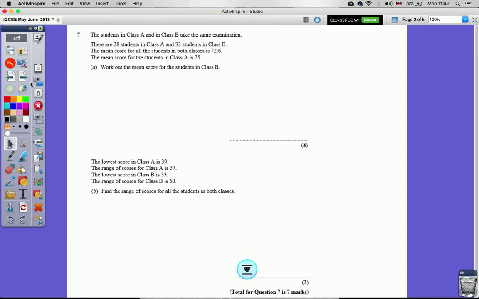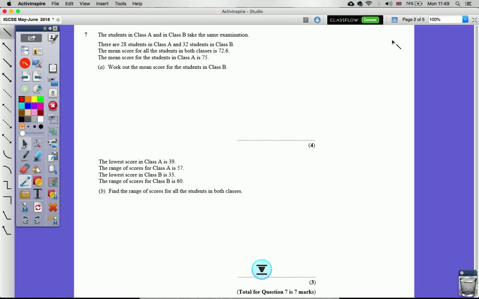Question on mean, median, mode. Here I always prefer to use this triangle.